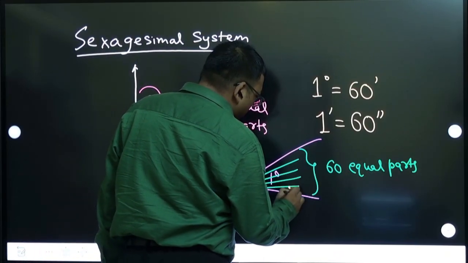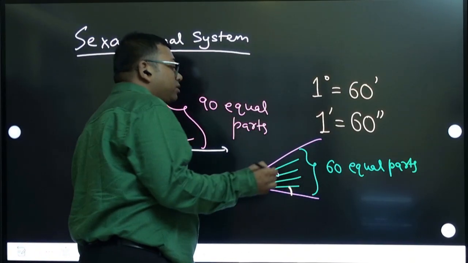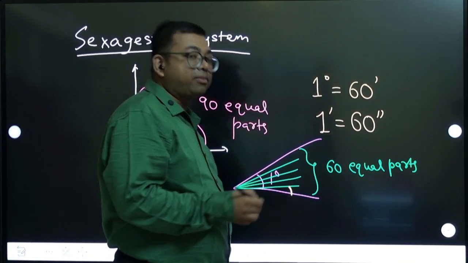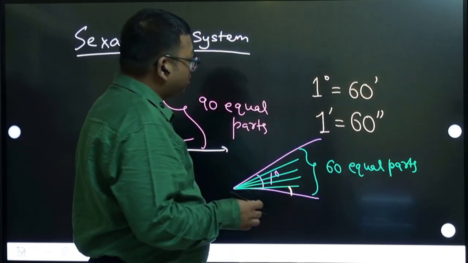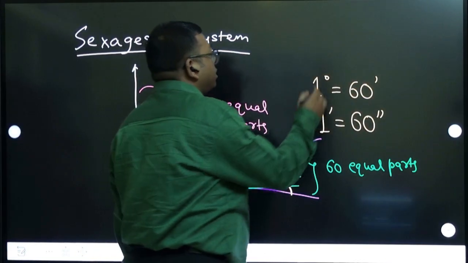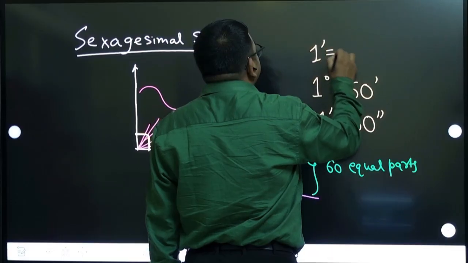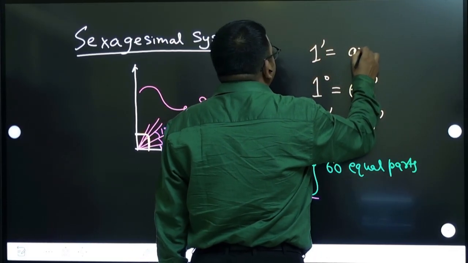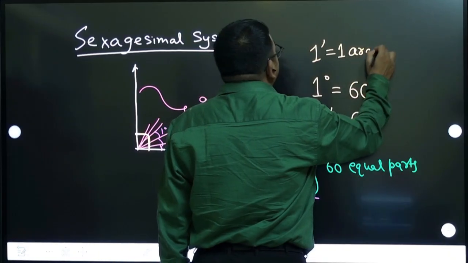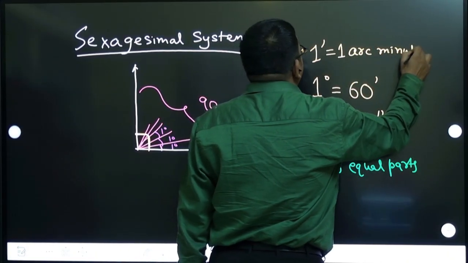This minute is not the minute of time. Note that this is called arc minute. Here one dash means 1 arc minute.